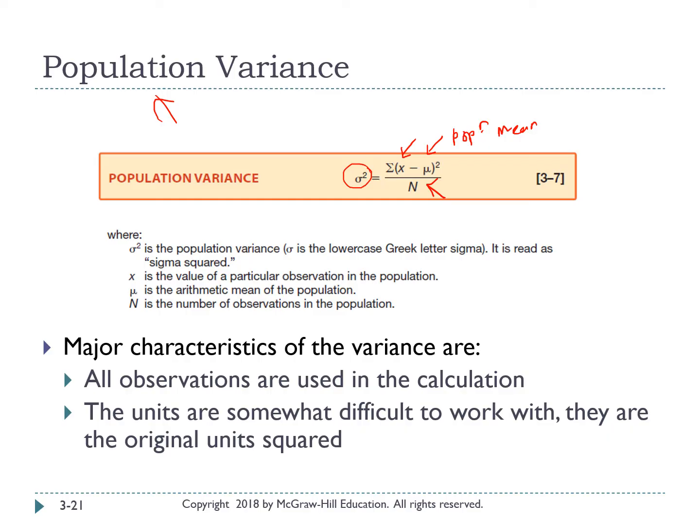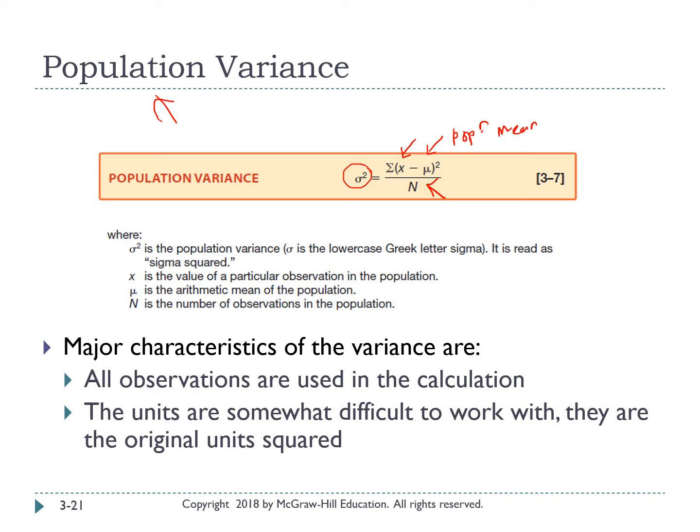Let's see the characteristics of variance. Normally all observations, or all x, are used in your calculation. You will take into account all numbers. In the range, you will just take two numbers, but in variance, you will take all the numbers that you have. If you want to compute 1000 numbers, you have to compute all 1000 numbers.